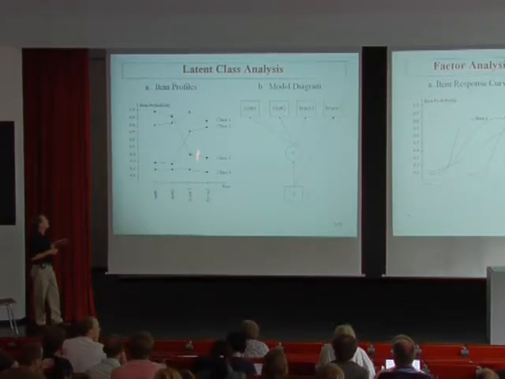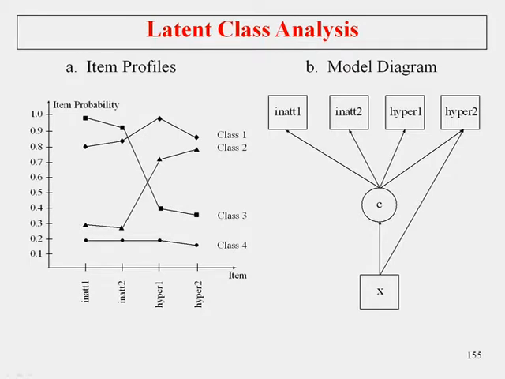Now you look at this diagram and it looks like a very easily interpretable latent class model, right? You wish you got these kinds of item profiles. And you're going to see that we actually see them at times. And you already know everything that there is to know about that model diagram. You have a latent class variable. And you assume that you have correlations between the items explained by, or associations, I should say more generally.